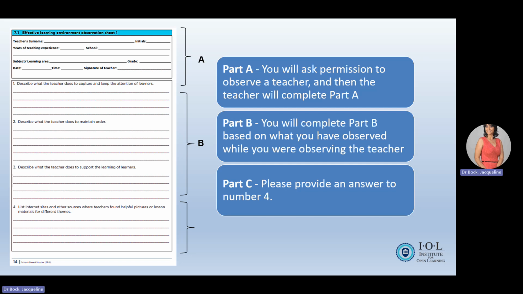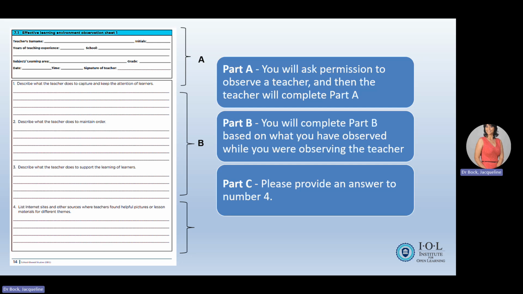Part B, you will complete based on what you have observed while observing that particular teacher for that period. And C, please provide an answer to number 4. That is where many students don't complete.